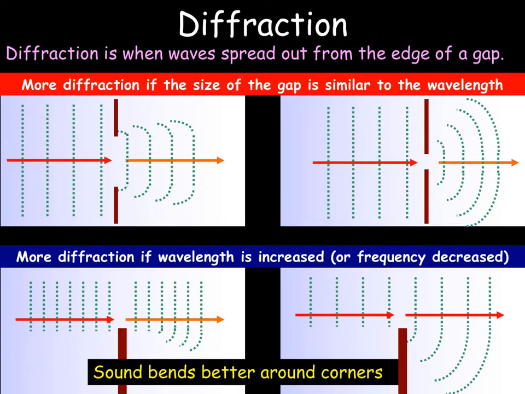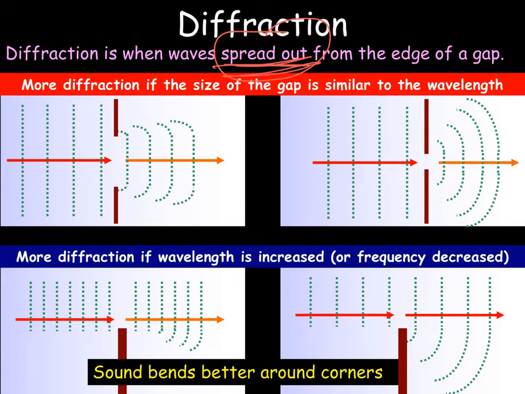So getting on to some actual memory stuff. Diffraction is the wave spreading out. Yeah, spreading out from an edge or a gap. The only other thing to remember about it is that you get better diffraction if you have a wave which is similar to the gap, which actually means that a longer wavelength with decreased frequencies actually diffract better.